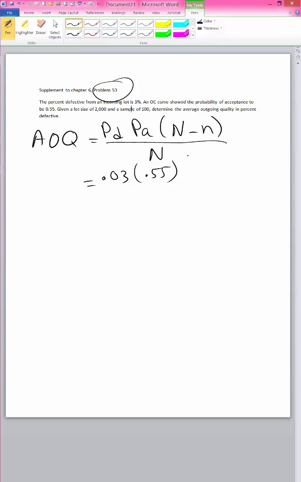Given a lot size of 2,000, so that's N, 2,000, and a sample size of 100, so 2,000 minus 100, and then we divide that by 2,000. It says determine the average outgoing quality in percent defect.